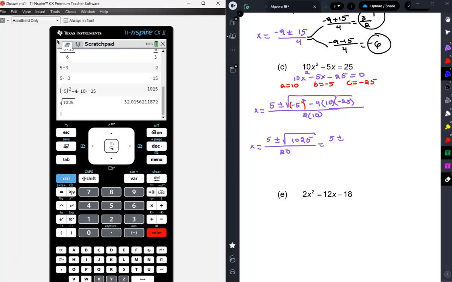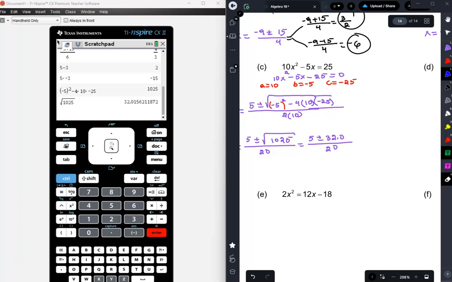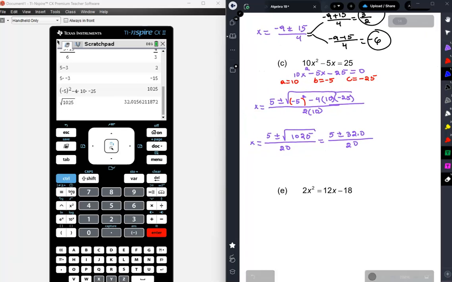So we're going to round it to the tenths place, 32.0 over 20. Okay? So x is 5 plus 32.0 over 20, 5 minus 32.0 over 20.